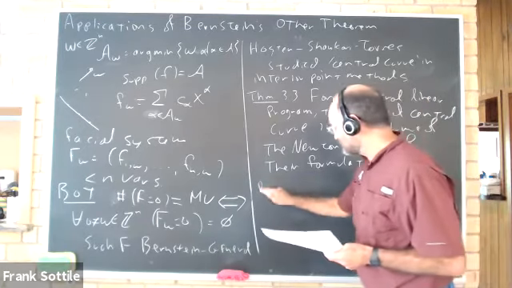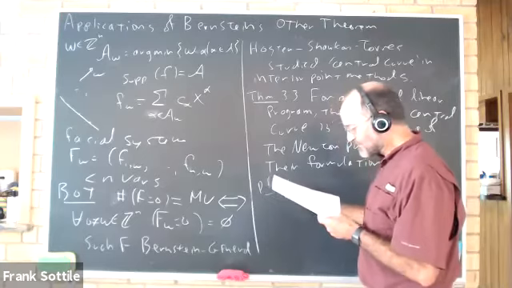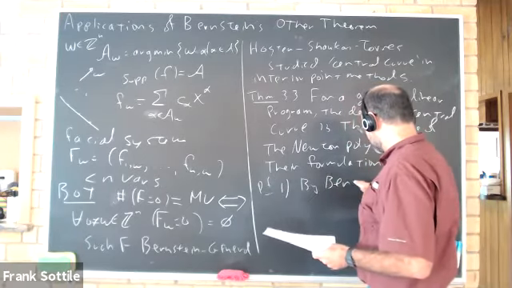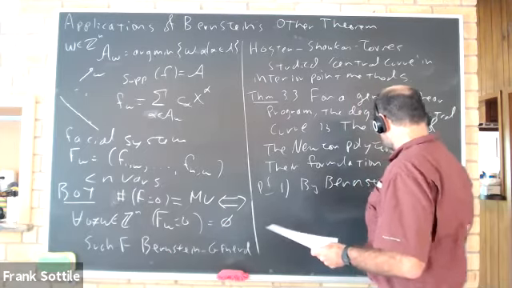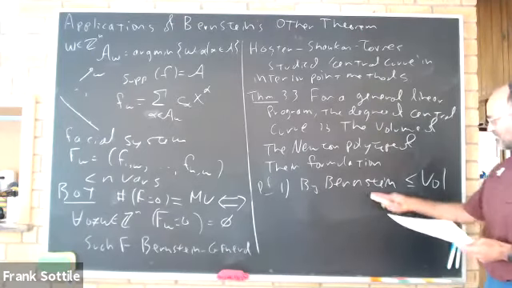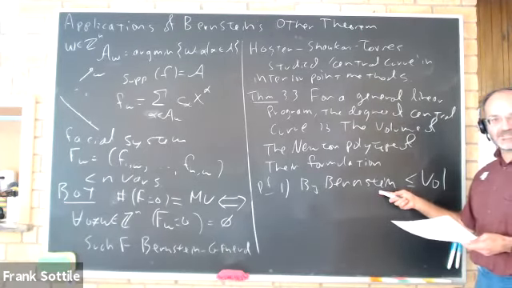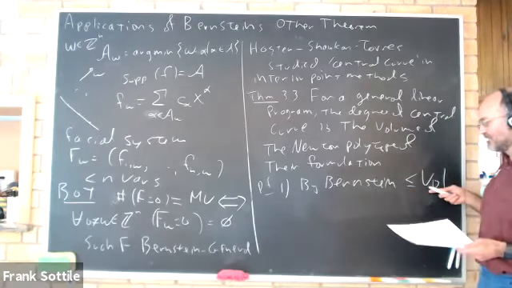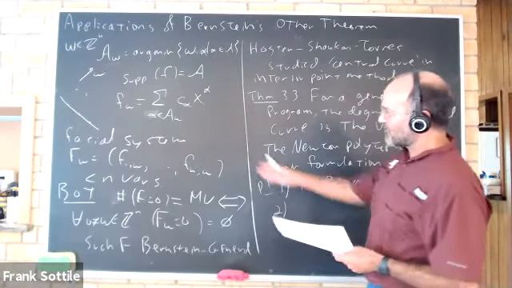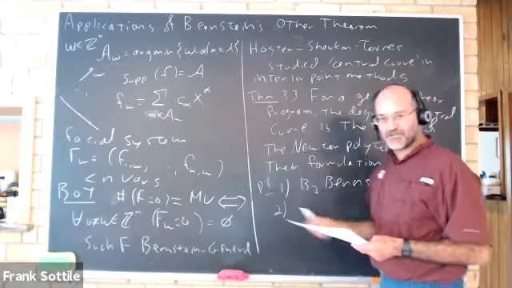And the proof has two parts. The first part is by Bernstein. The degree is less than or equal to the volume, because Bernstein's theorem is a bound for the number of isolated solutions to a system of equations with a given Newton polytope. But what's nifty is they didn't have to do the hard work implied by Bernstein's other theorem.